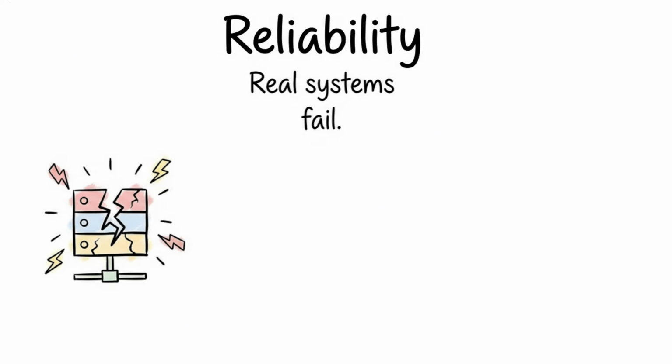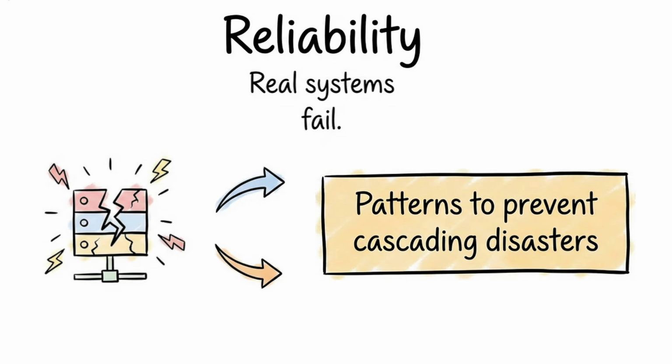Now let's talk about reliability. Real systems fail, so we add patterns to avoid cascading disasters. Circuit breakers: if a downstream service or a database is failing, you temporarily stop calling it and return a fallback.